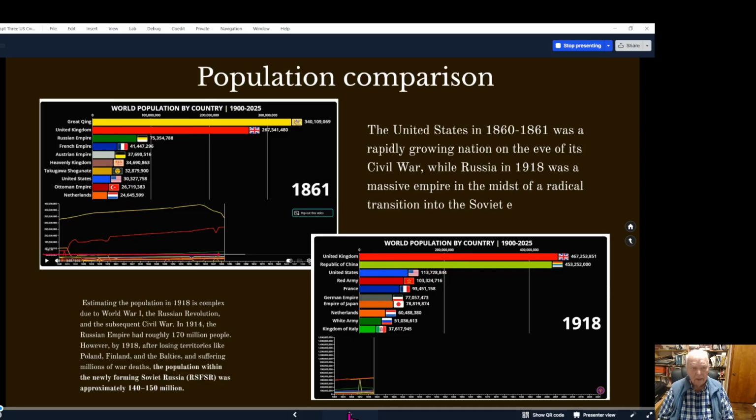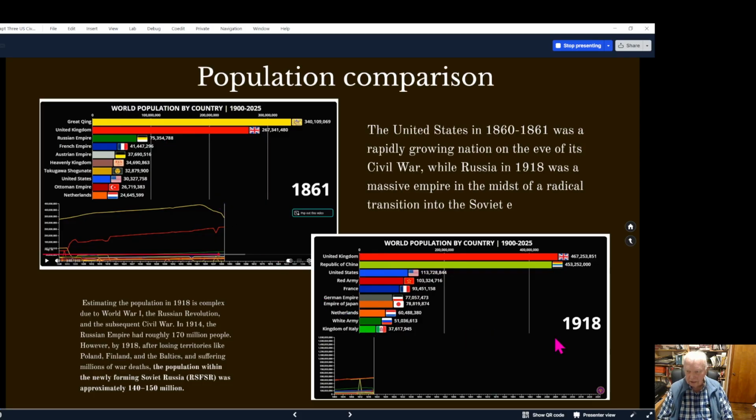The difference in the population over time is interesting. If you look here, if we go to 1861, the time of our revolution, the Russian Empire up here, 75 million, the American, 30 million. So twice the size of the United States.